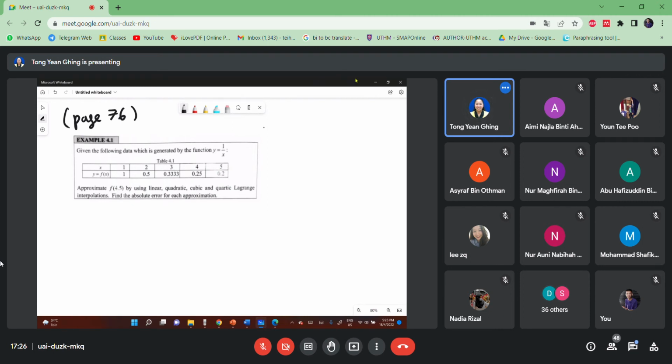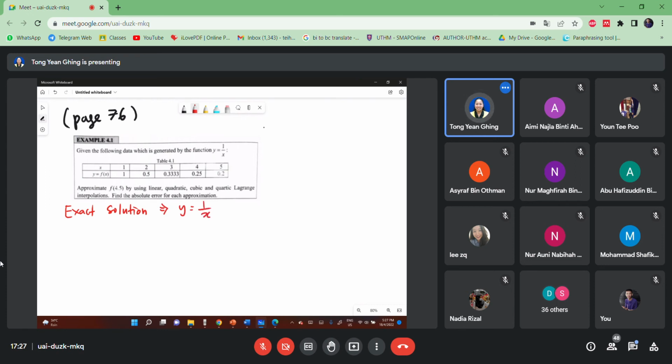So first of all, the exact solution we already know. The exact solution is y equals 1 over x.